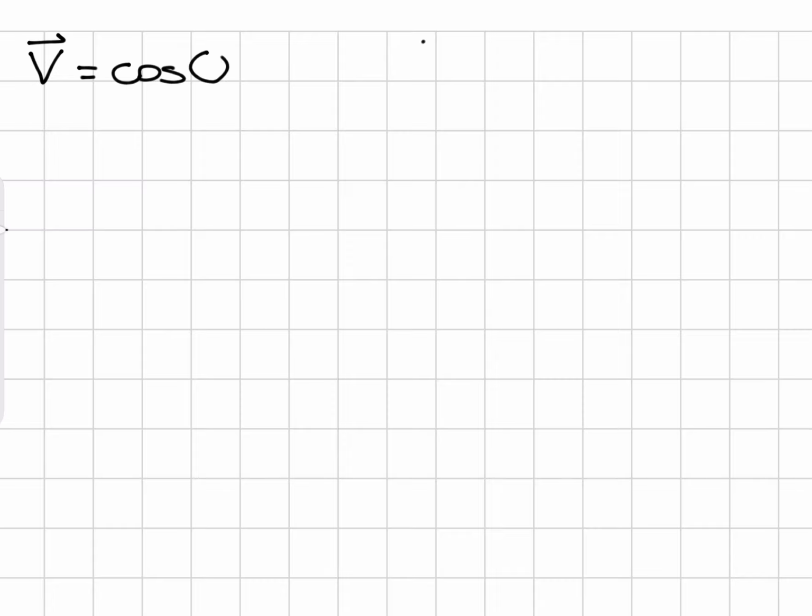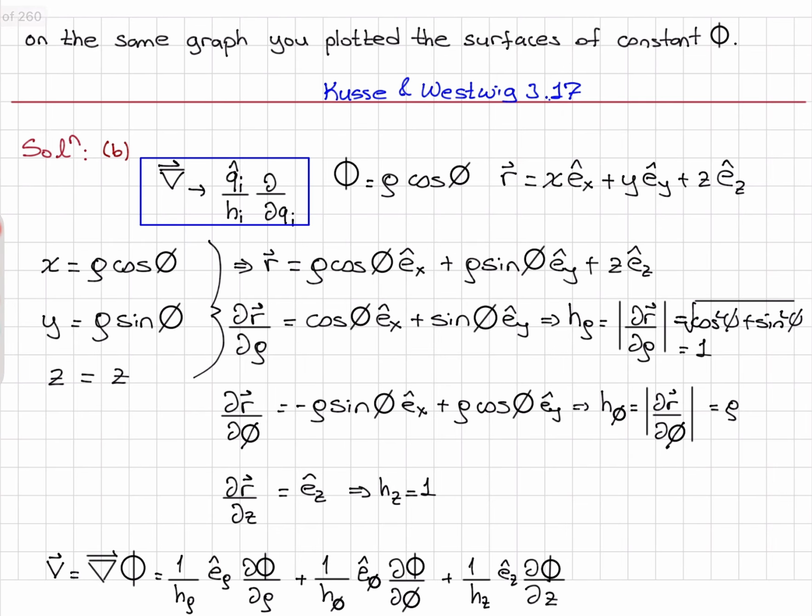That gives me cosine phi because it was rho cosine phi, in e rho hat direction. And then I have 1 over h phi, that was rho. So rho cosine phi divided by rho, and I'm taking a derivative with respect to phi.